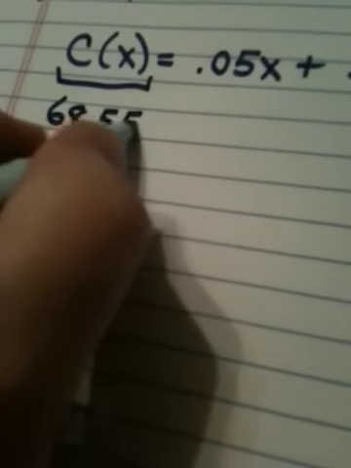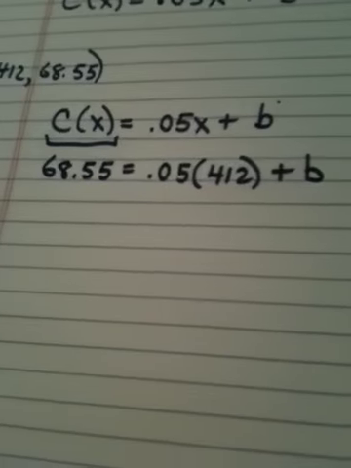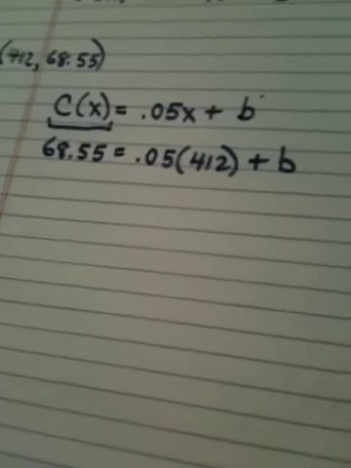So if I have the formula C of x equals 0.05x plus b, 412 is going in for x, and the cost is coming out to 68.55. So we have 68.55 equals 0.05 times 412 plus b. So we've set up a little equation.